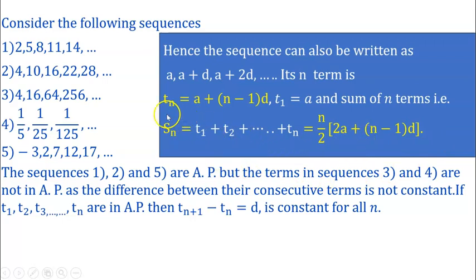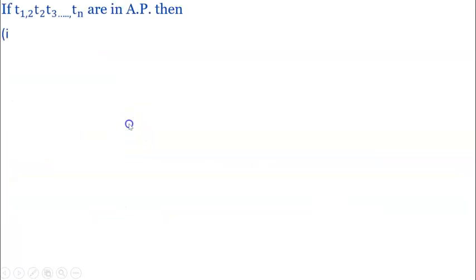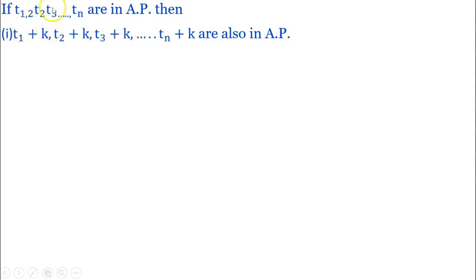And the nth term of AP is Tn equals A plus (n minus 1) into D. This you all learned in 10th standard. If T1, T2, T3 up to Tn are in AP, then T1 plus K, T2 plus K, T3 plus K up to Tn plus K are also in AP.